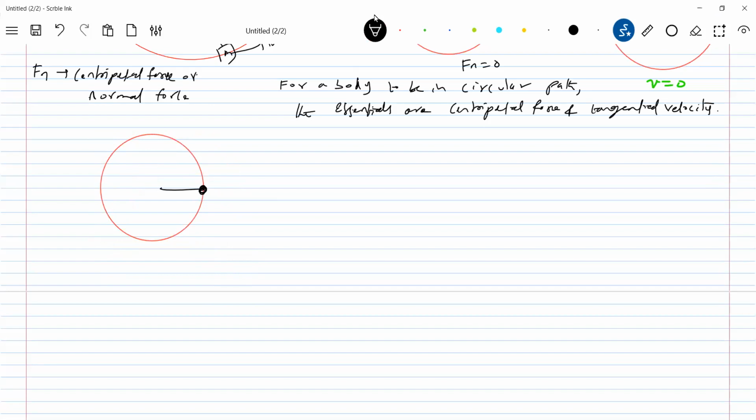There's a particle with Fn, tangential force Ft, and tangential velocity V. Then let's put a condition. If Fn is 0, what will happen? The path of the particle will be like this.